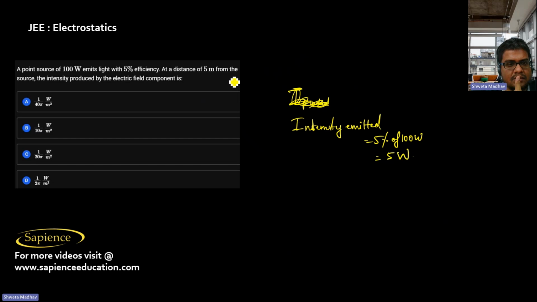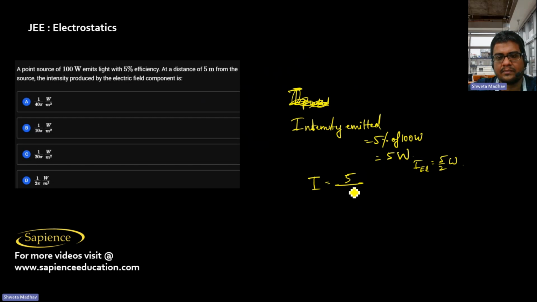Now at a distance of 5 meters from the source, the intensity produced by the electric field component will be power by area. The power emitted by the electric field component will be equal to 5 by 2 watt.